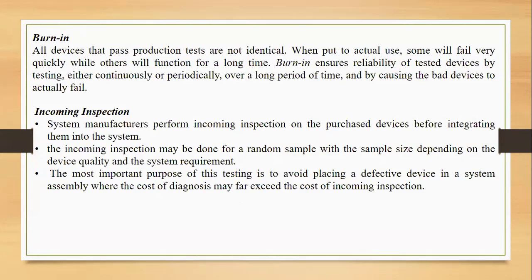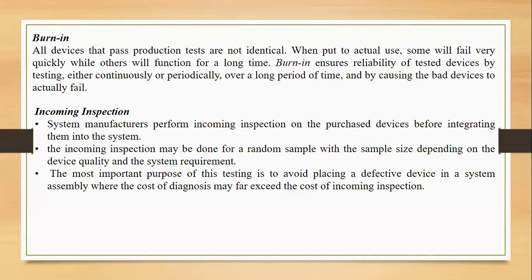Next one, incoming inspection. Incoming inspection means that a system manufacturer performs inspection on purchased devices before integrating them into a system. To design an application, we'll have a number of chips, module chips, architecture chips, memory chips, or processor chips, whatever it may be.